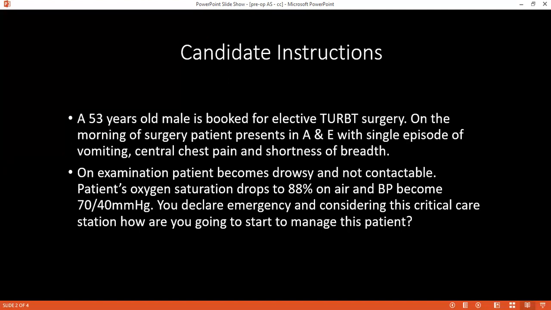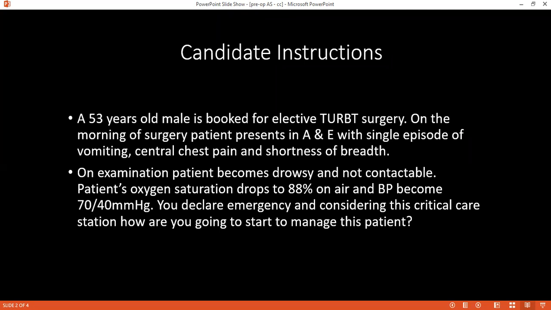The patient's saturation has dropped, so I will give the patient 100% oxygen and consider intubation.